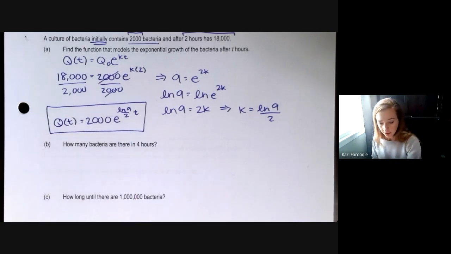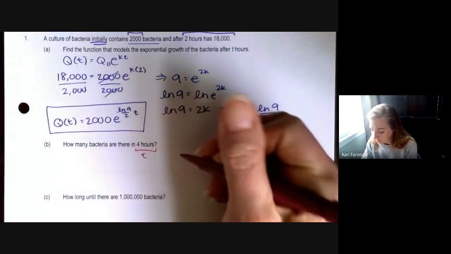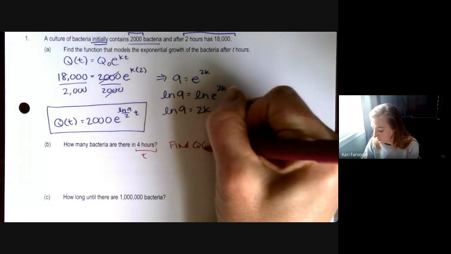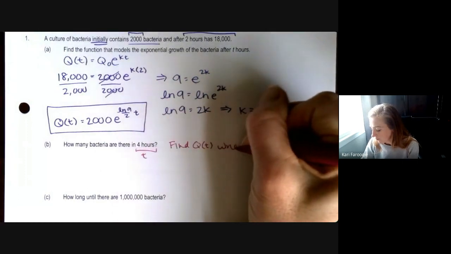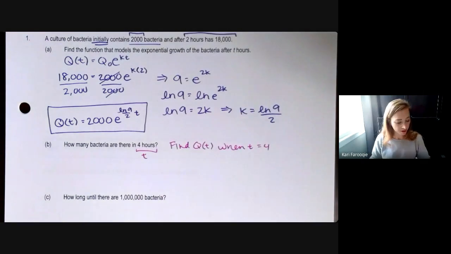All right. Part B, how many bacteria are there in 4 hours? Well, 4 hours represents the value for t. So we are going to find q of t when t equals 4. In order to do that, I'm looking for q of 4.